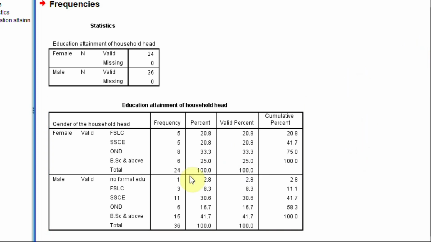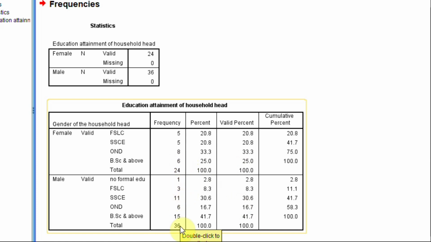Oh, the no formal education we recorded came from a male. It's only one man that did not go to school at all. Okay, and then for BSc and above, we have 15 male. Okay, that's 41% or 42%. Whereas we have 6 female.